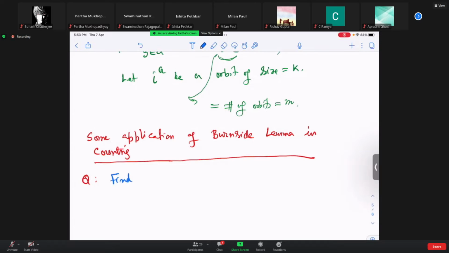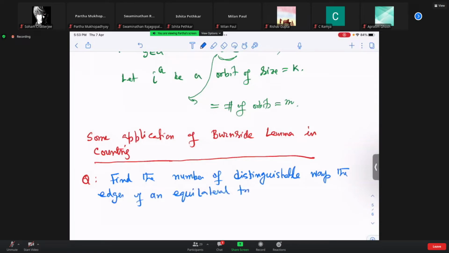Find the number of distinguishable ways in which the edges of this equilateral triangle can be colored using 4 colors.